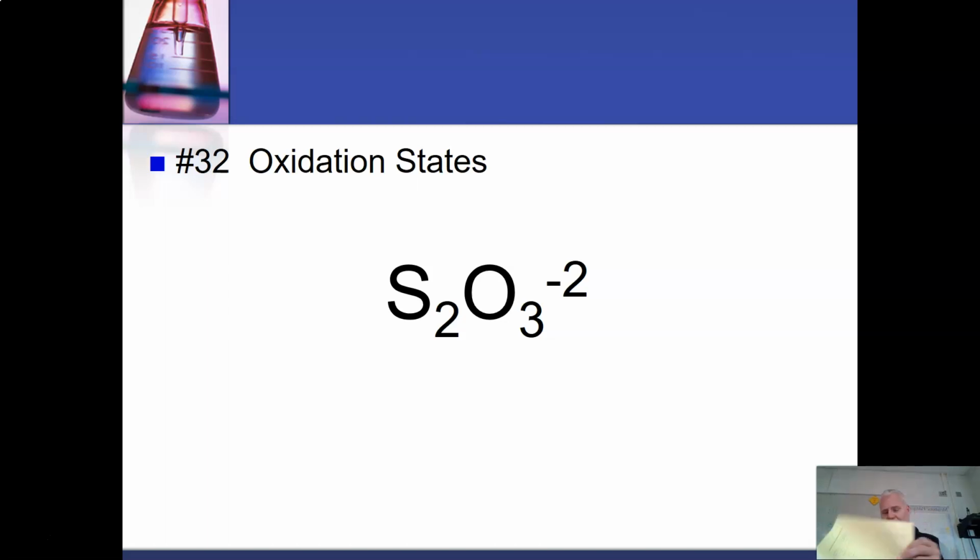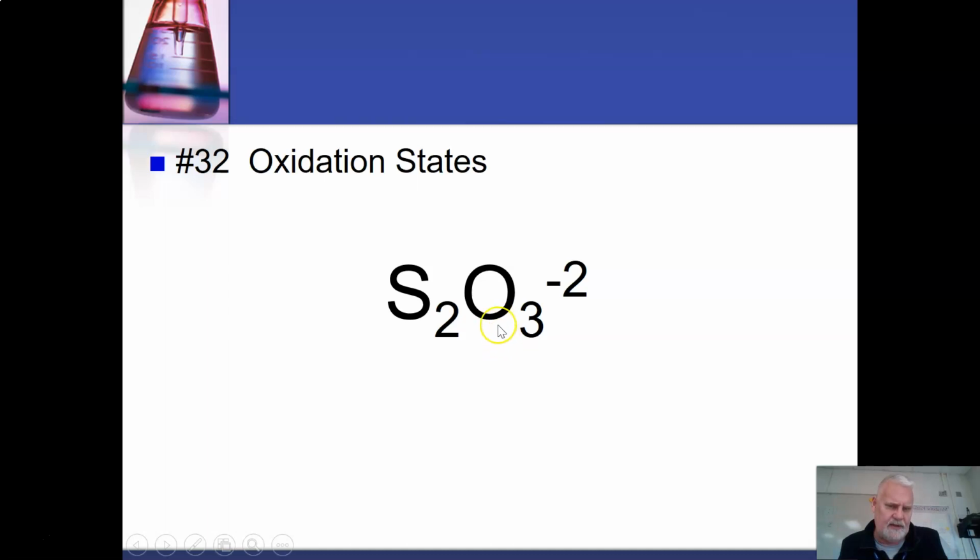I'm just going to check real quick to see if this is in the notes that I can see. It's not on your yellow sheet. Oh, no, there it is. It's thiosulfate. So it's definitely not a peroxide because it's called thiosulfate.